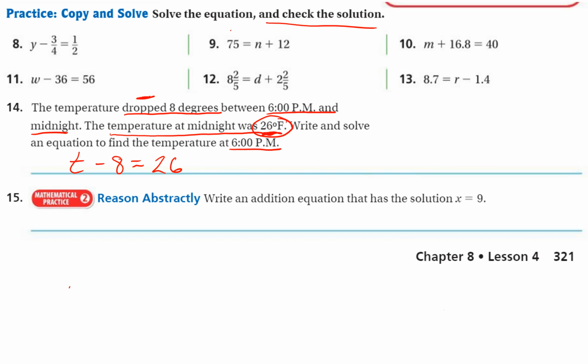So now we can solve this by doing what we've been doing. Get the t by itself. So I'm going to rewrite this equation to show my work. I got to do the opposite of subtraction, which would be addition. I add 8 to get rid of that 8, leaving me with just t equals, and then since I added 8 to the left side, I have to add 8 to the right side. So 8 plus 6.